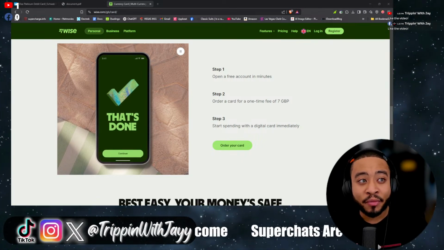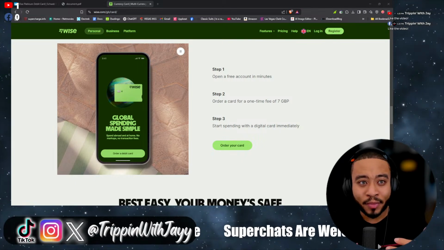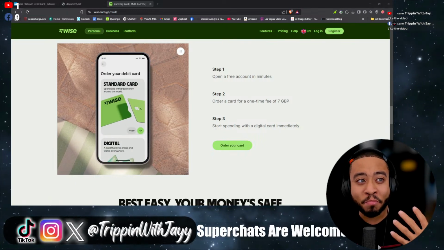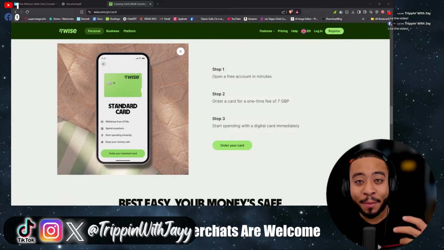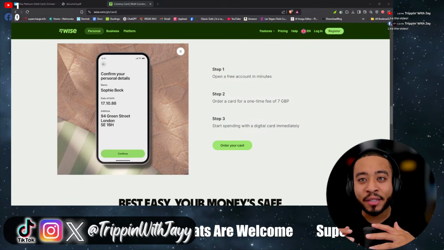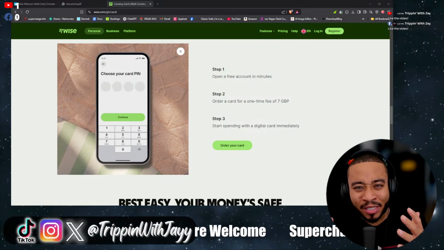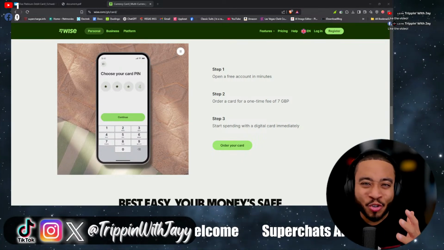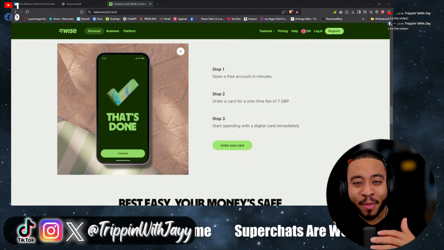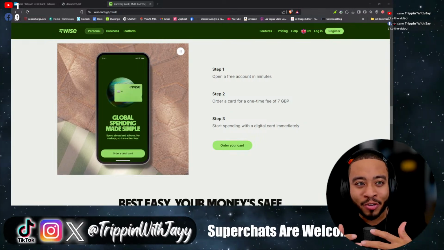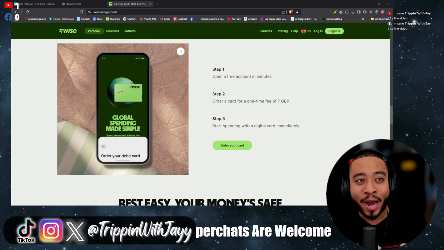The exchange rate for the Charles Schwab card is closer to the mid-market rate, but typically it involves a small markup, maybe 0.5% to 1%, which isn't too much, especially if you're making constant withdrawals. It's going to be a lot better than using the Wise card.